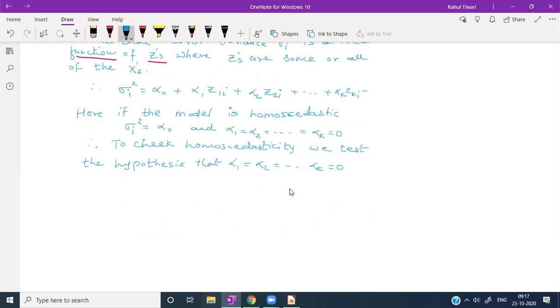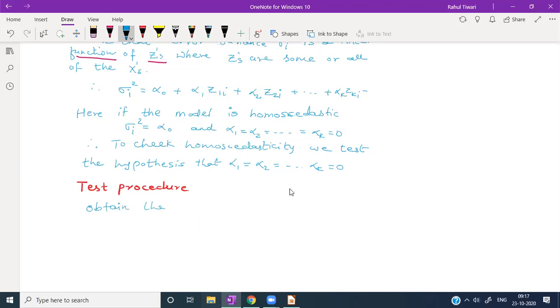So now we'll go to the test procedure. What does the test procedure say? Since we have testing, obviously we have a test procedure. We need to obtain the OLS estimators of the parameters of the k explanatory variables.